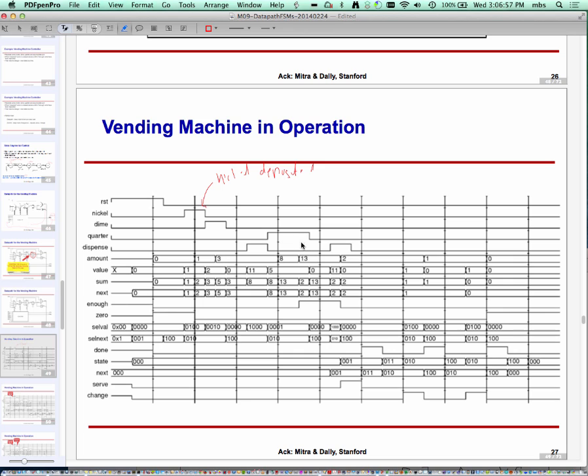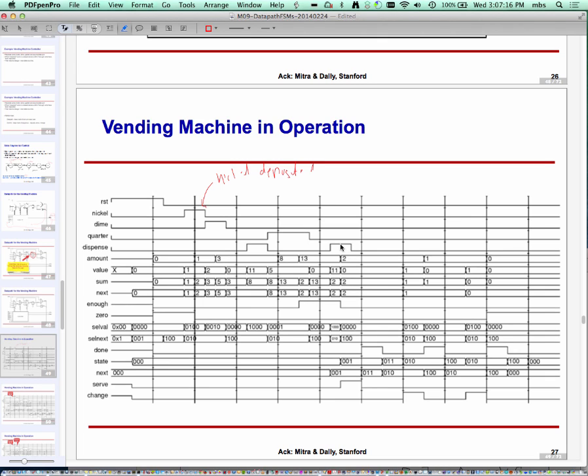Later on, at this stage, the dispense button is pressed, but we do not have enough money, so nothing is dispensed. Then a quarter is deposited here.